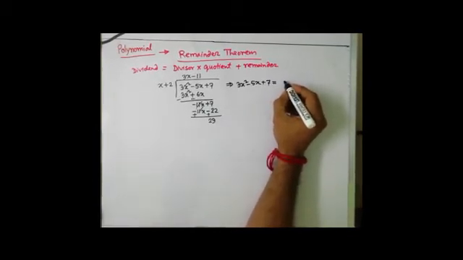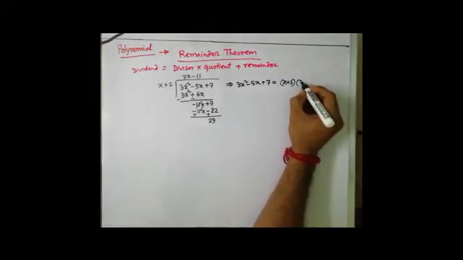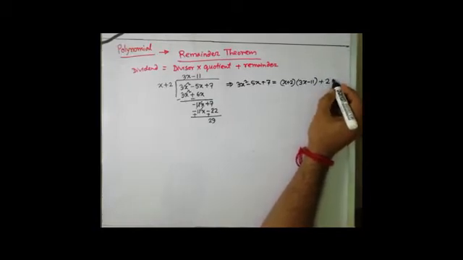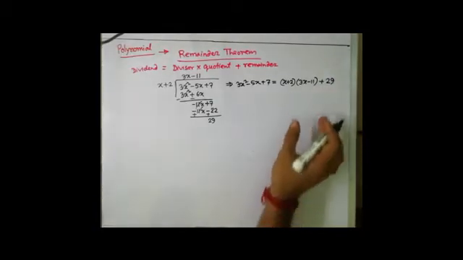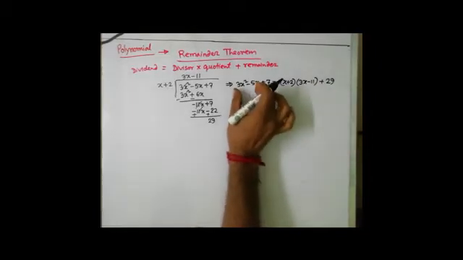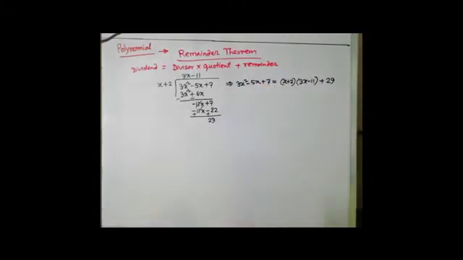The divisor is x plus 2 and the quotient is 3x minus 11, plus the remainder, that is 29. If you simplify the right hand side, you can easily get this. That way you can prove very easily that the remainder theorem is also applicable for any polynomial.